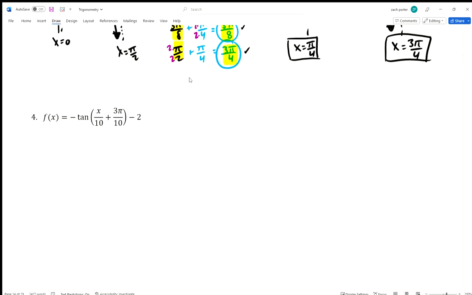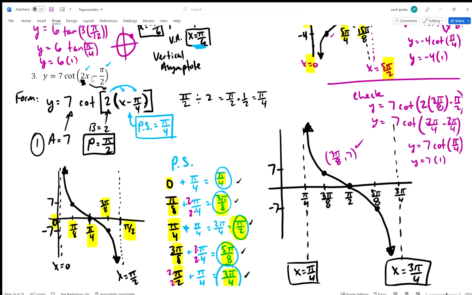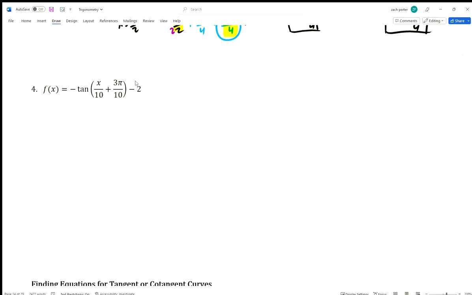Like the one above, we need it in the correct form. Remember, if there's ever a number attached to x, but then also minus or plus another number, we need to change it so that we have a bracket and x has a coefficient of 1 inside the parentheses. So we'll just factor out whatever we need to right away.